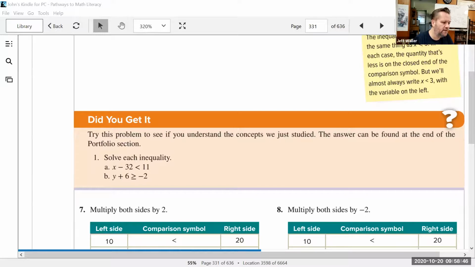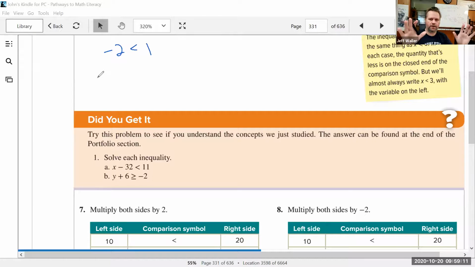Here's the one difference in solving inequalities, and for some reason it has to do with what I'm about to do. Which one of these is bigger, -2 or 1? One's bigger. So -2 is less than 1.